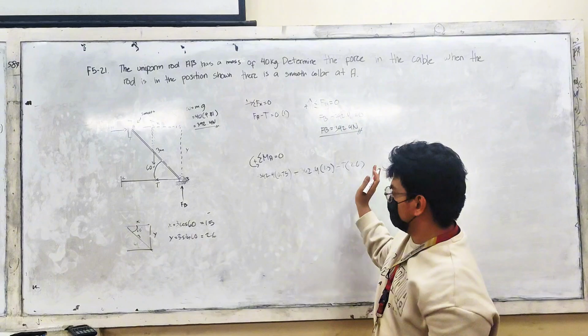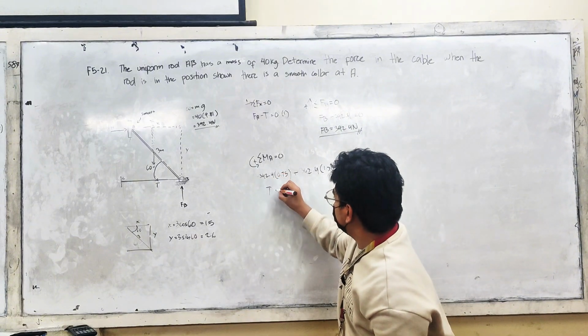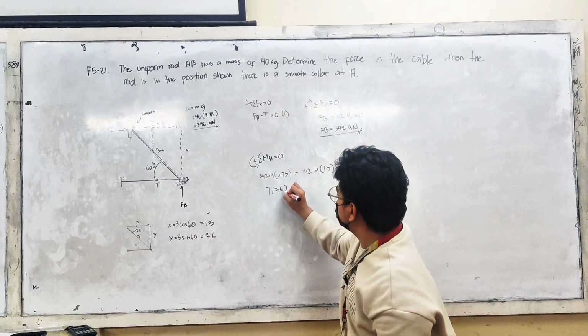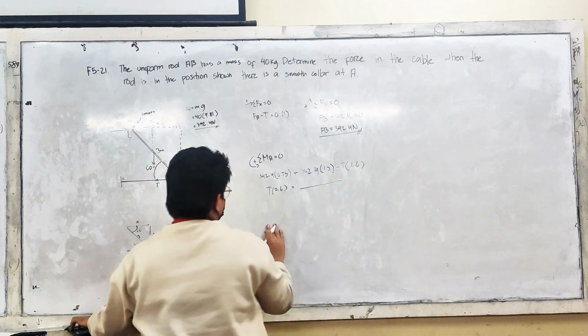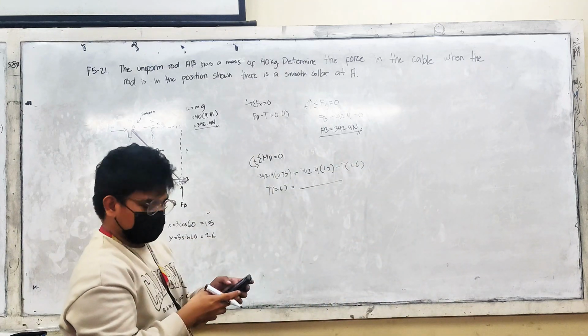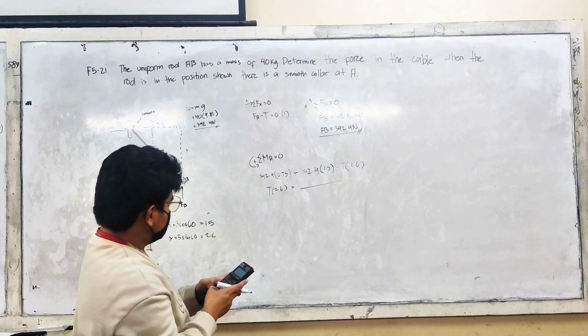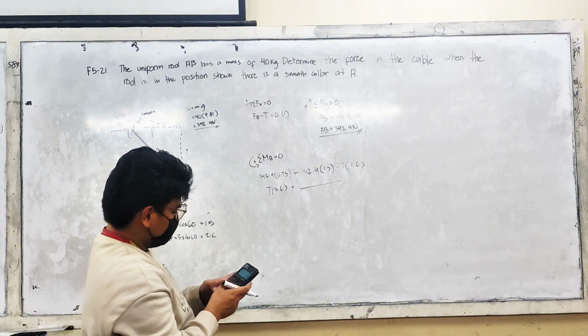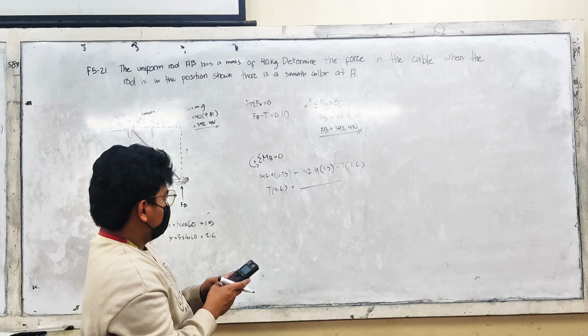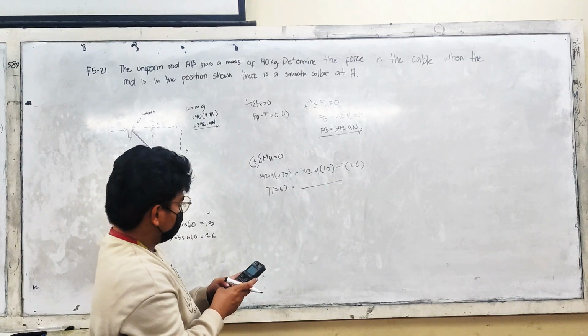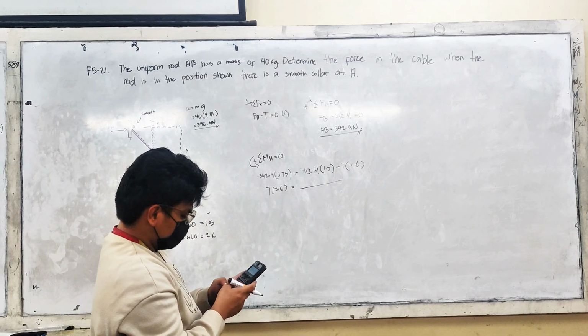After that, we're going to transpose, so T times 2.6 is equal to negative 392.4 times 0.75 plus 392.4 times 1.5.